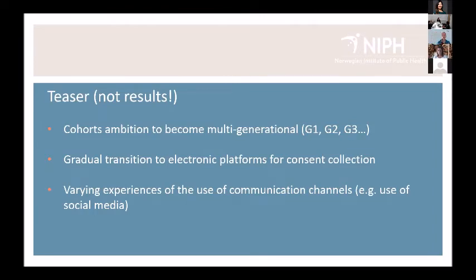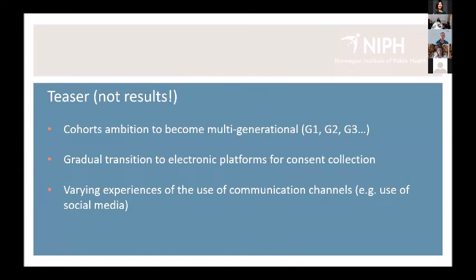There seems to be some gradual transition from using paper-based consent solutions to electronic platforms for consent collection, although some cohorts are still using paper-based solutions because it enables face-to-face interaction with the participants. So it will be very interesting to look a little more at the data to see what the pros and cons of these different methods are.